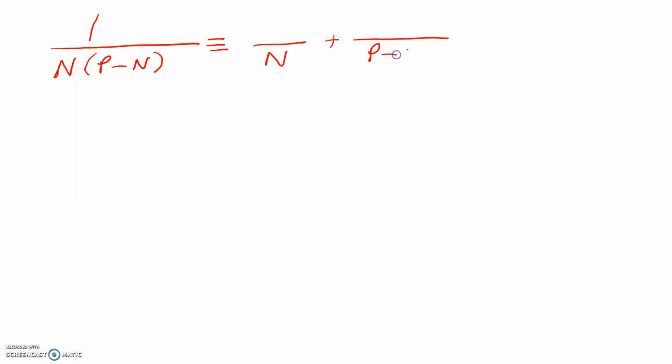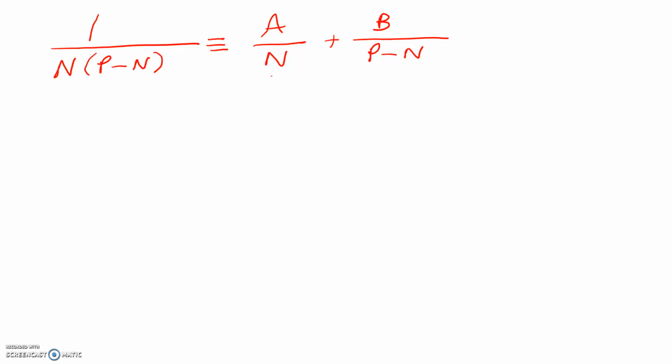So what we want to do is we're going to take this expression and we're going to split it up into 2 fractions. So we're going to try and write this as something over n plus something over p minus n. And we don't know what these numbers are in the top line, so we're going to call them a and b. Right, now the method I'm about to show you, I'm going to go a little bit quickly through.